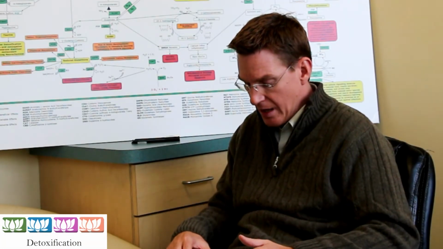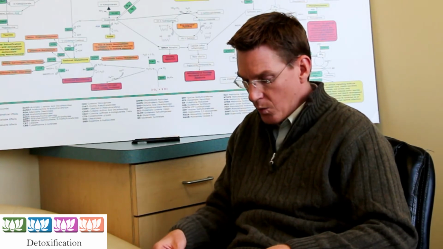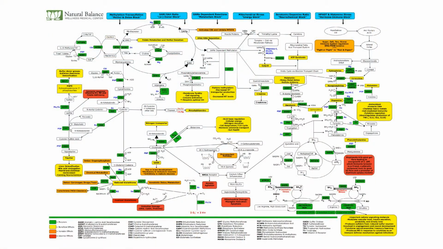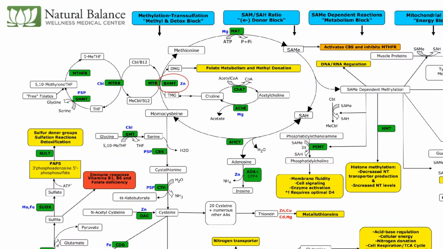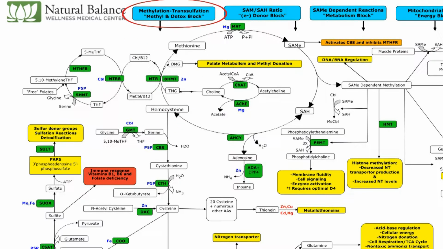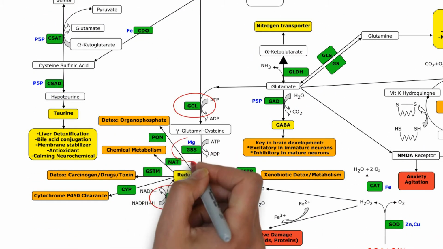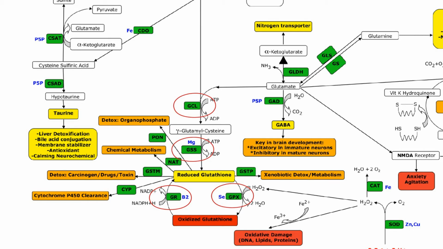Now phase 2 detoxification has some interesting points here. A couple I'll bring out. Some of them are going to be a little redundant. That is to say that some of the SNPs in the phase 2 detoxification pathways also exist within the methylation categories. I'd just as soon talk about them more in the context of methylation. Suffice to say, BHMT, CBS, these all have to do with detoxification, but they also have to do with methylation. Now the glutathione-specific pathways, here we call GGA, GGT, GSR, GSS, these all look decent.